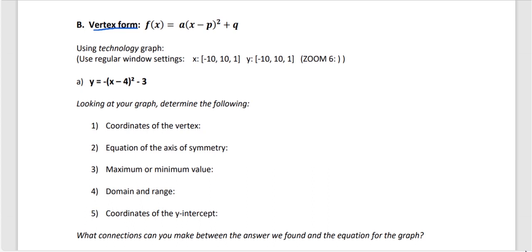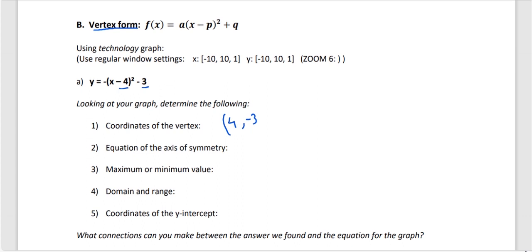Okay, from the notes, we know that the coordinates of the vertex mean the values of p and q. So the coordinates of the vertex here are, since this is -4, the x coordinate is +4 and the y coordinate is -3.